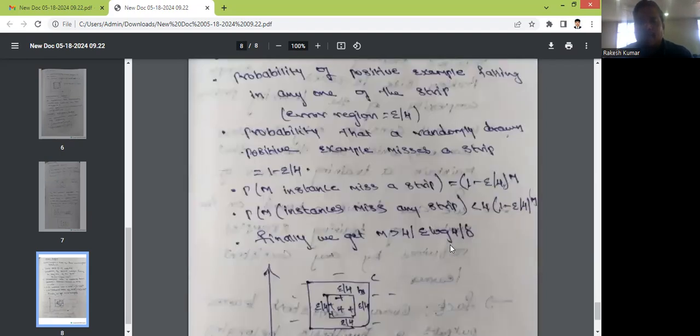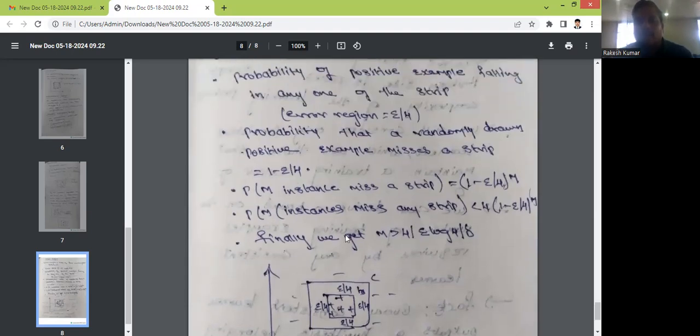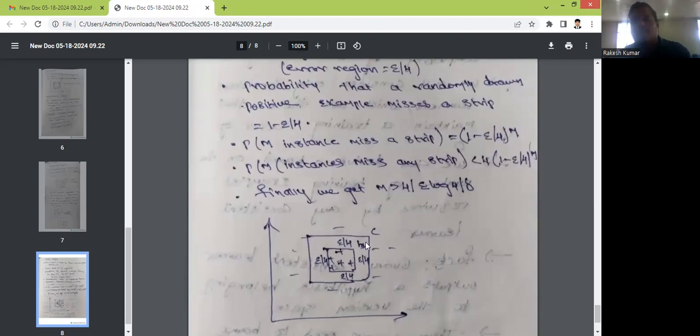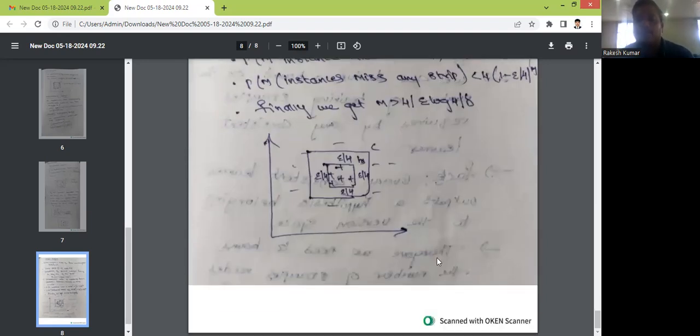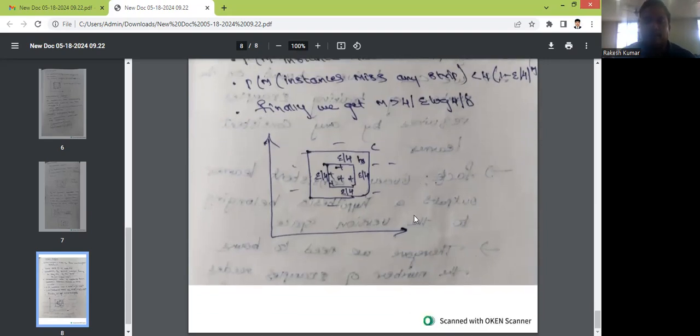So what is epsilon by 4? To overcome this, finally we get epsilon by 4 on four sides to decrease the error. To decrease the error, we write epsilon by 4, epsilon by 4, epsilon by 4, epsilon by 4. C is the target function in this.